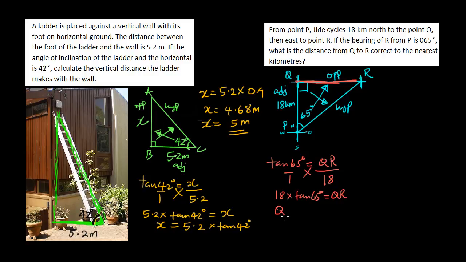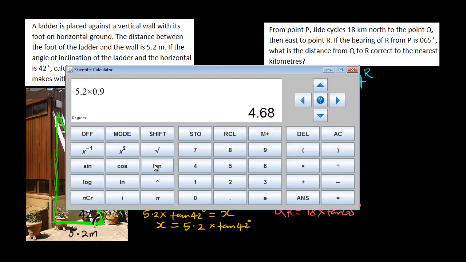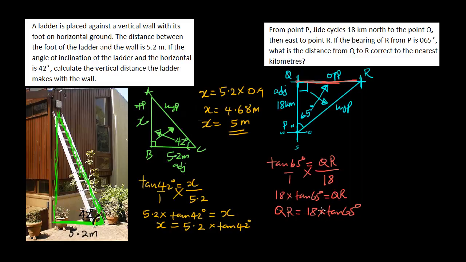So QR is equal to 18 times tan 65 degrees. Let's find what tan 65 is with our calculator. Tan 65 degrees is approximately 2.1445.